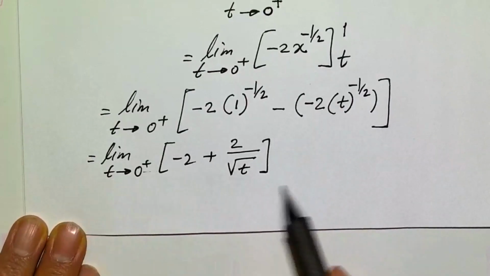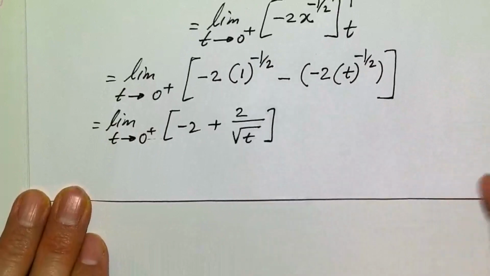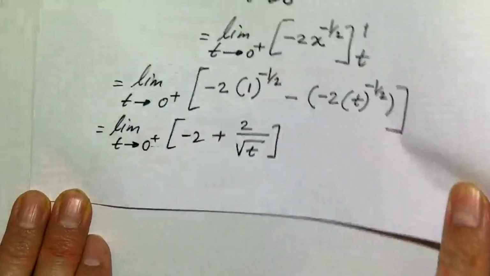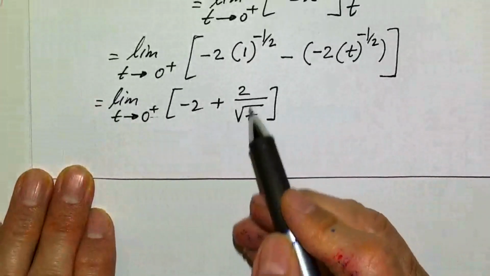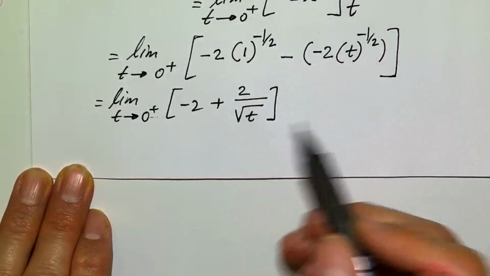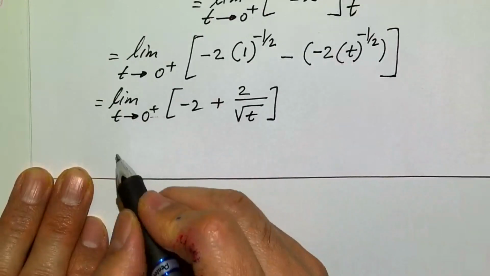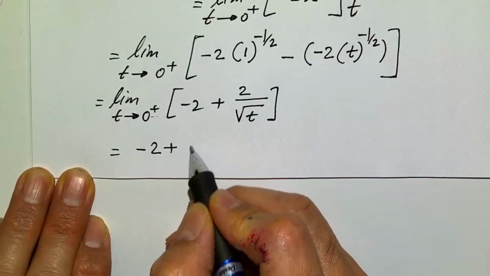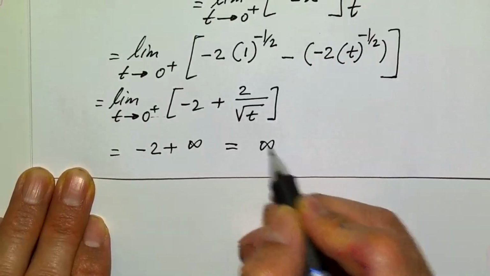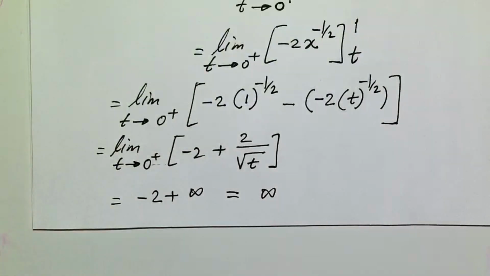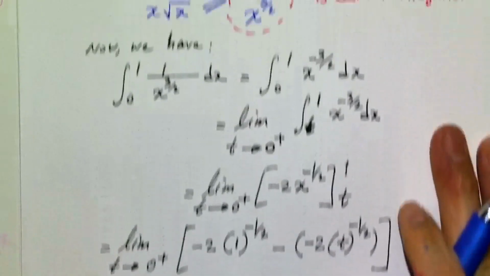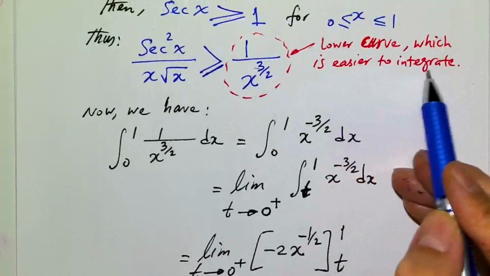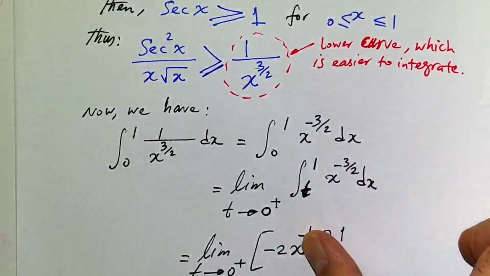And now if we apply the limit, that term drops out. Well, no, sorry, that term would be positive infinity, in fact. So we have minus 2 plus positive infinity, which is infinity. And so for sure, the lower curve, which is easier to integrate, is divergent.